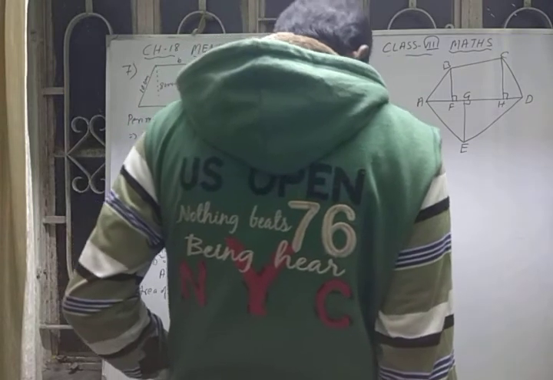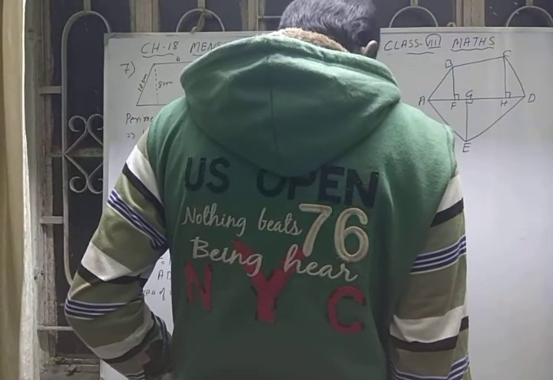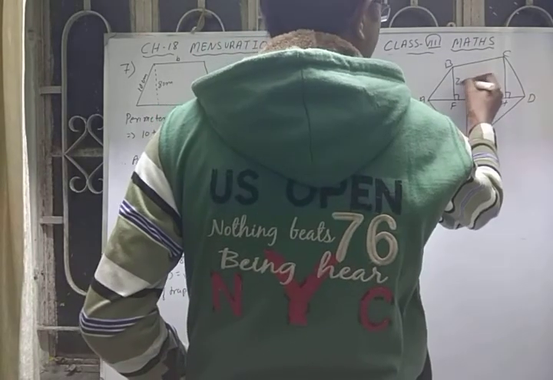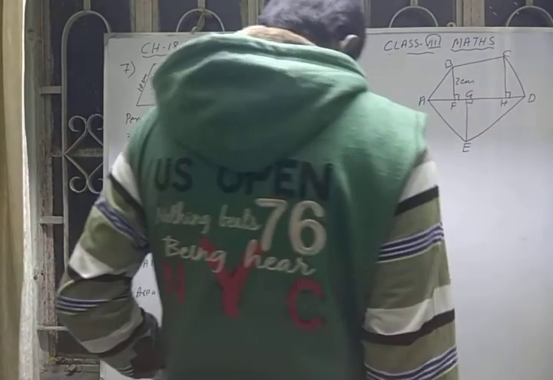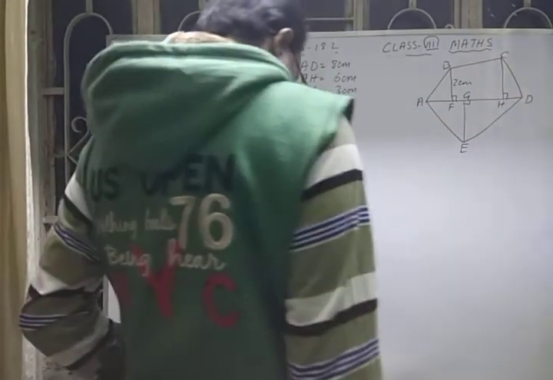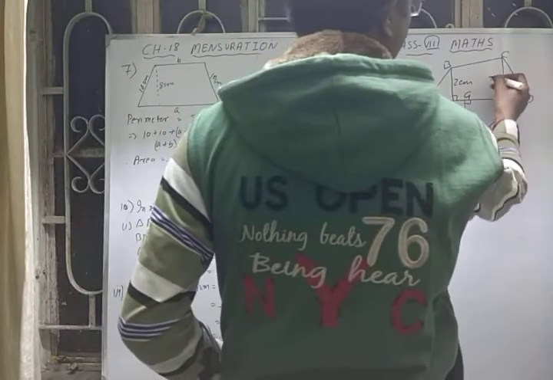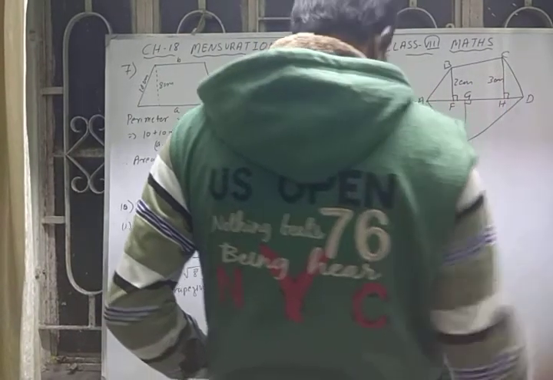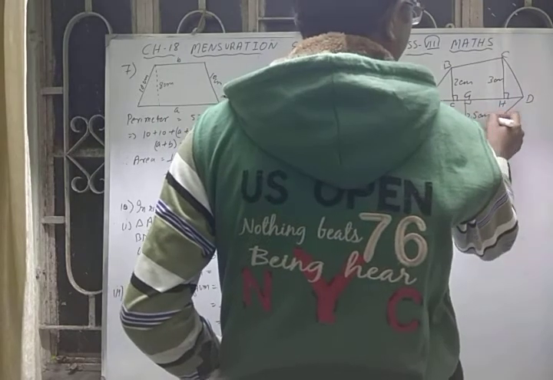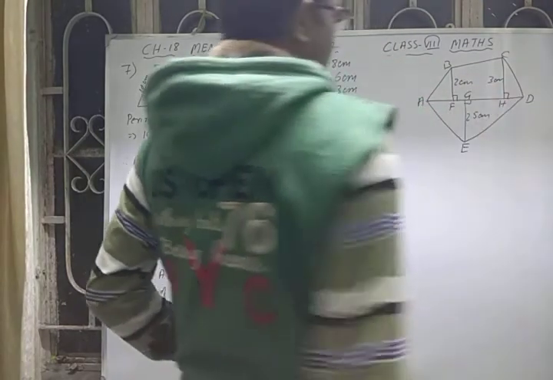First of all, BF is 2 centimeter. Then CH is 3 centimeter, and EG is given 2.5 centimeter. You have all the perpendiculars.